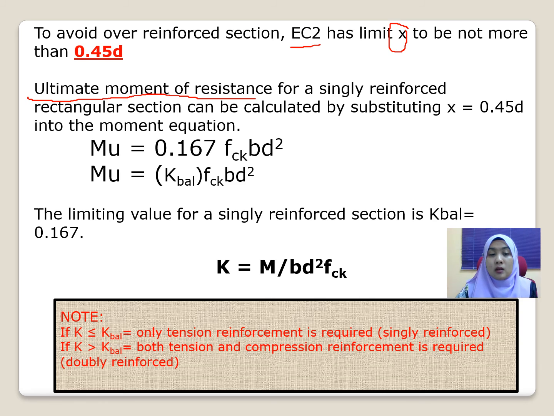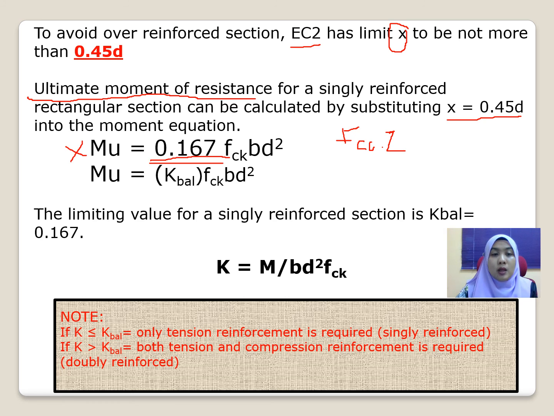So we go back to this equation, FST or FCC times Z. You substitute into this equation, where the X value is 0.45 D. So at the end, when you substitute this value, you get the maximum moment of resistance equal to 0.167 FCK BD squared.